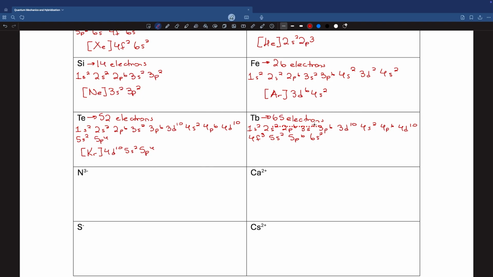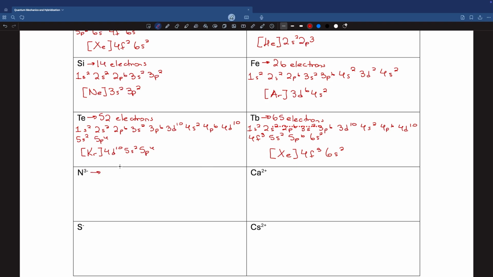And the largest noble gas, which has less electrons than terbium, is xenon. And so the shorthand electron configuration is xenon 4f9, 6s2.